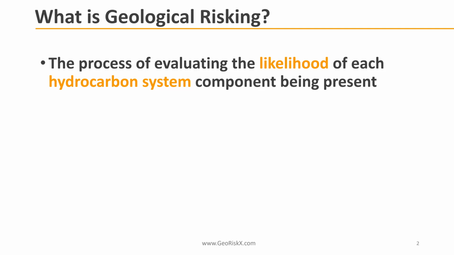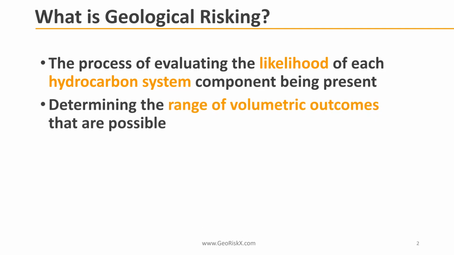The second part of performing this geological risk assessment, which is often something that people don't think about, is determining the range of volumetric outcomes. And I say the range of volumetric outcomes for a reason, and that's because it's very rare that we can actually say with certainty what the volumes will be. And that's due to a number of reasons. So first of all, in exploration plays, we often don't have a lot of data.